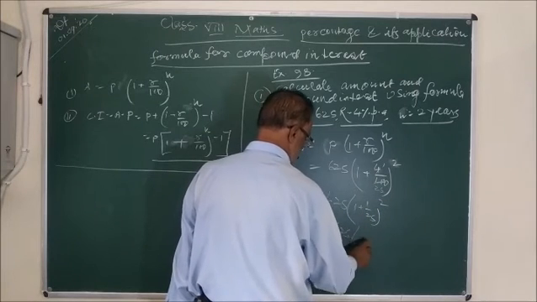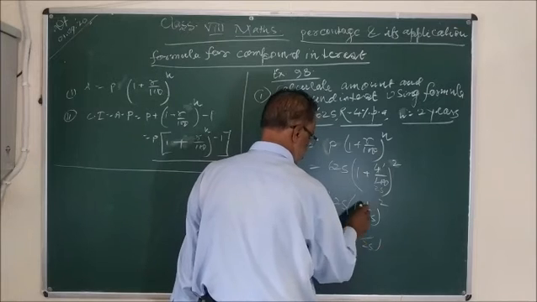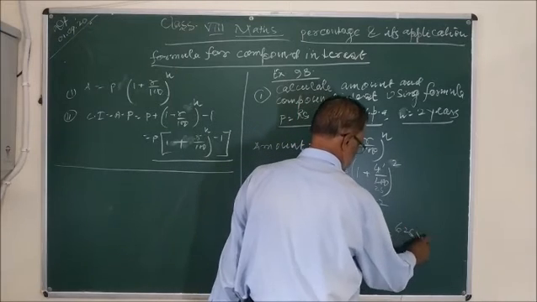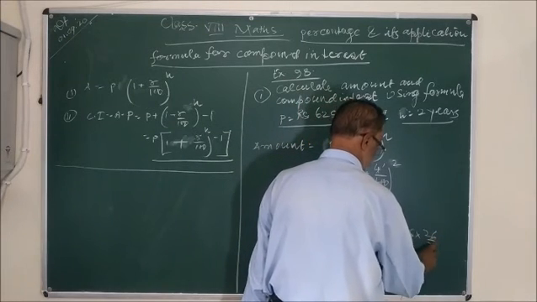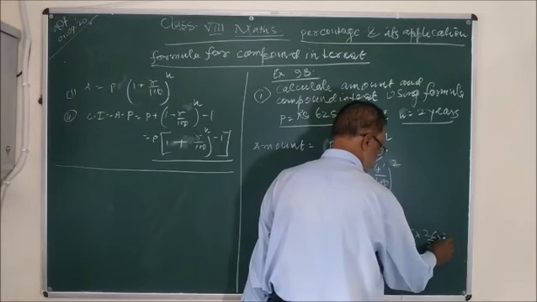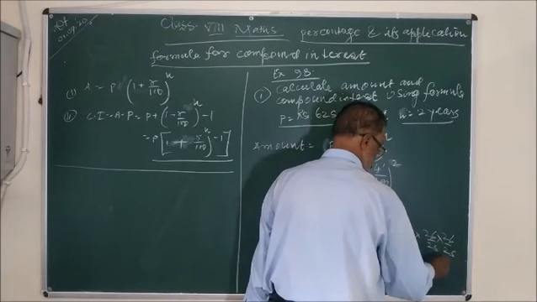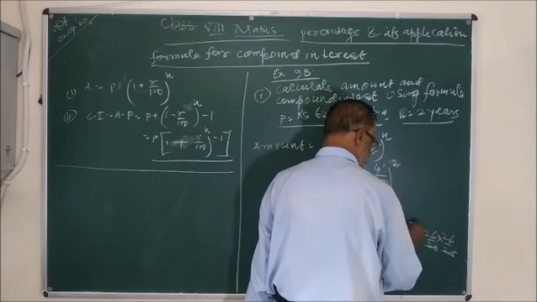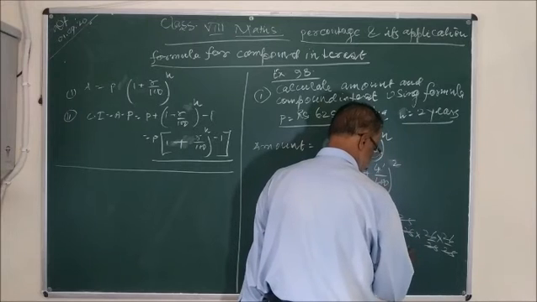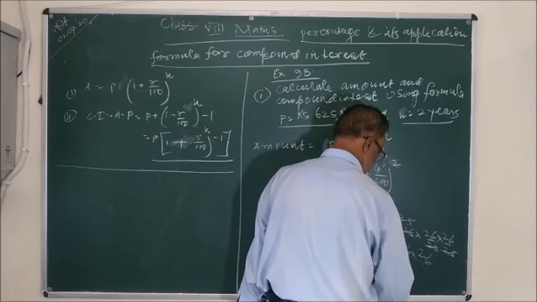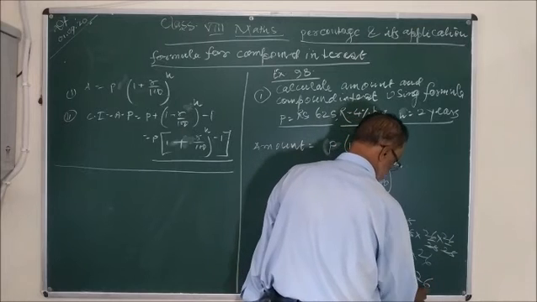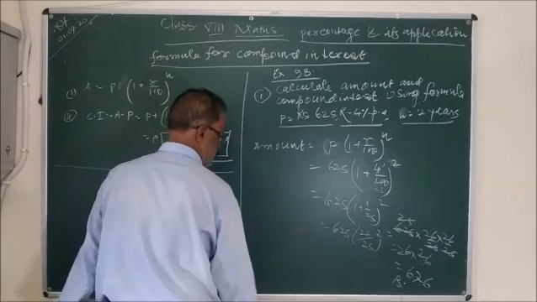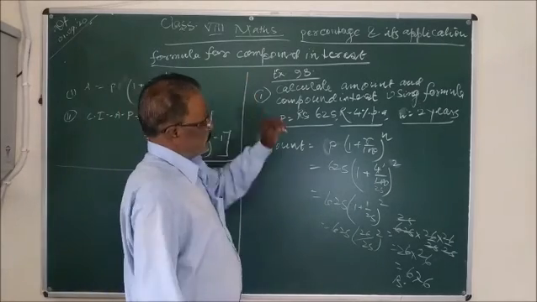Find the LCM 25: 25 plus 1 is 26. So this will be 625 into 26 by 25, whole power 2. Again this will be cancelled: 26 into 26. If you multiply, you will get 676. That is the first answer, the amount. So this is the simplification.